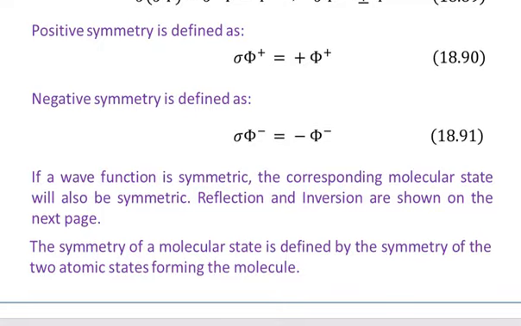That is, it can have a positive reflection with a positive sign. The reflection will be referred to as positive. It may have a negative reflection, and we can use a negative sign. So the symmetry property of the molecule could be positive, meaning this condition, and when I am talking about the molecule having a negative symmetry, it means that I am talking about this condition.